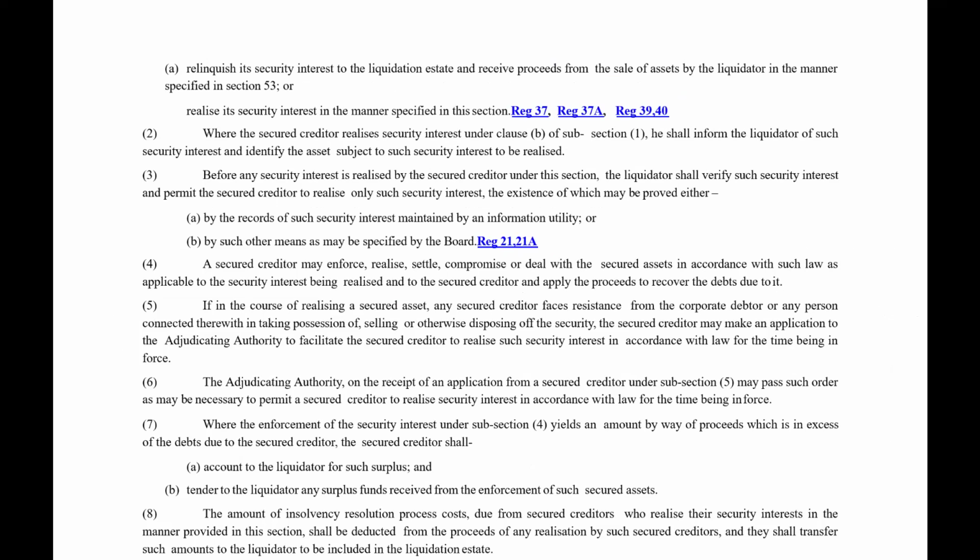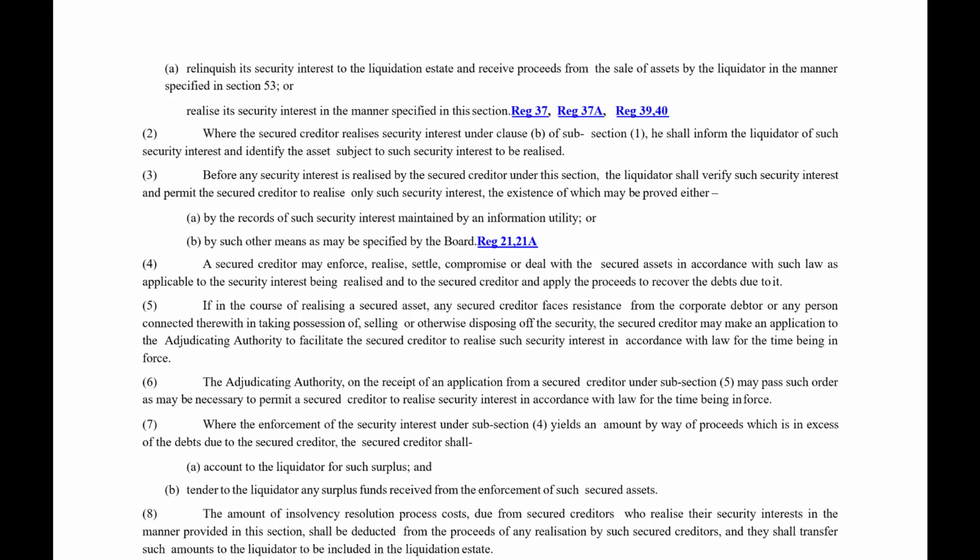So he will inform in detail what security interest he wants to realize and identify the asset subject to such security interest to be realized. Then the liquidator will verify that security interest through publicly available information, such as the record of an information utility, SARFAESI or MCA, etc.